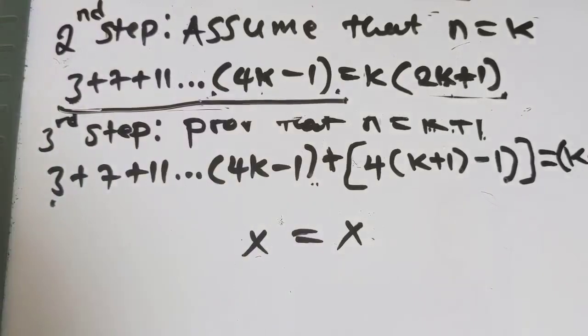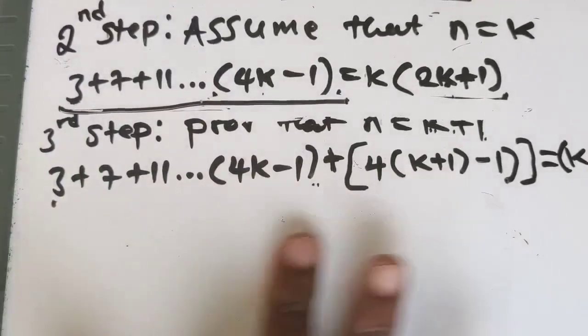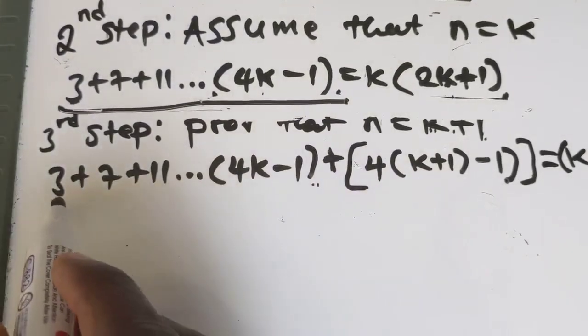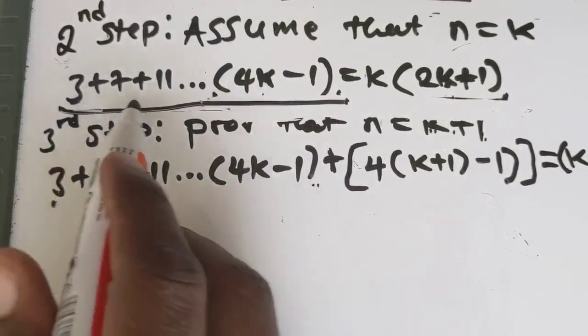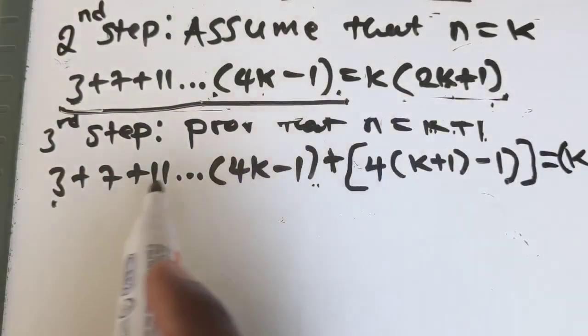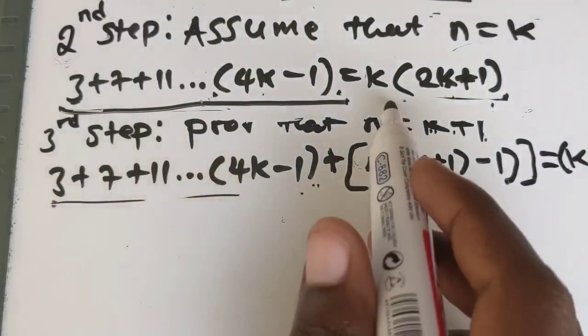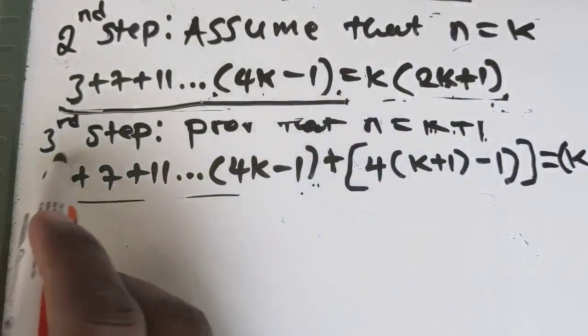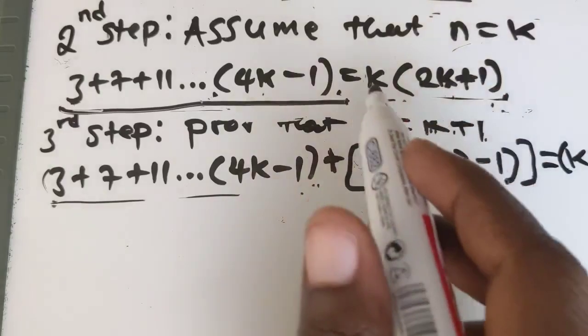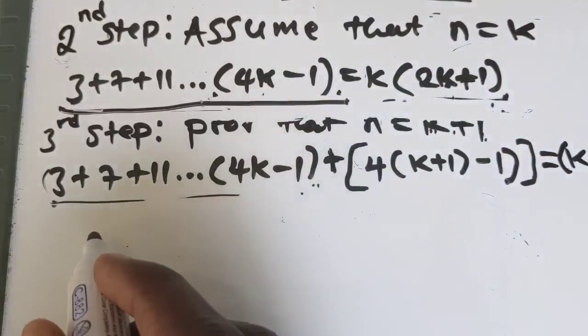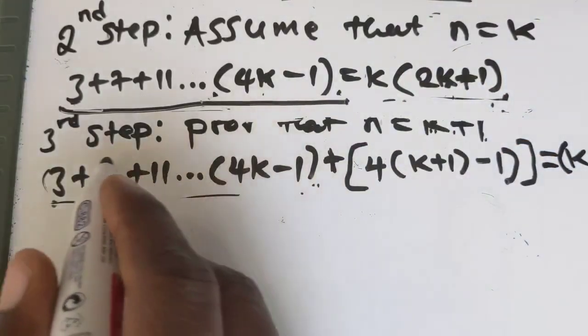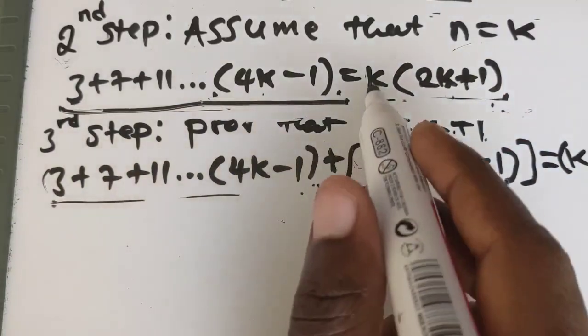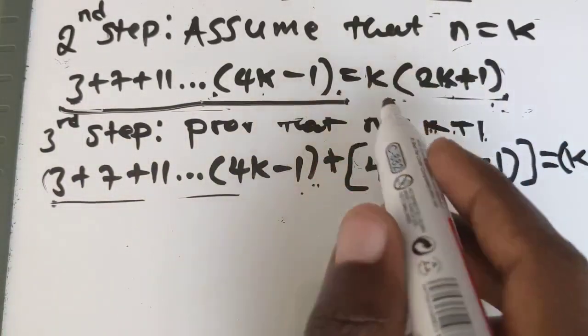So what we are going to do, if you look at this one, since this one is equal to this, so even this one is equal to that. So we can actually remove this part, then we put this part here. So let's try to do that. So we are just going to replace this part by this part here.